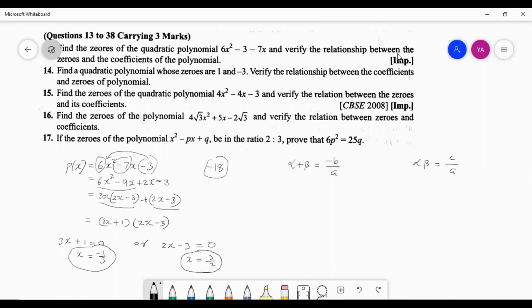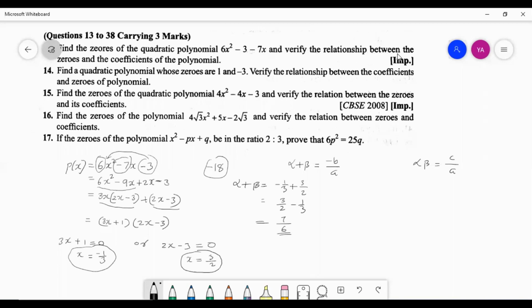If you add minus 1 by 3 and 3 by 2, what will you get? This is alpha plus beta. It is 3 by 2 minus 1 by 3, so 3 into 3, 9, minus 2, which is 7 by 6.